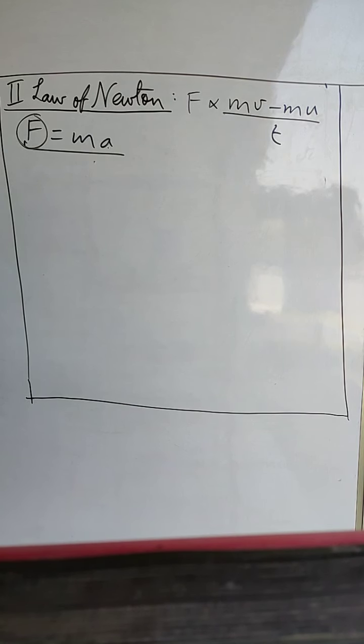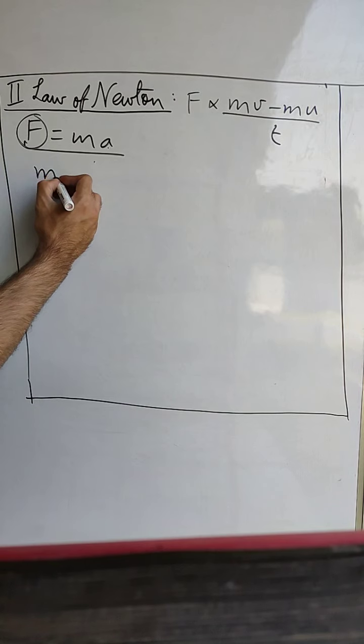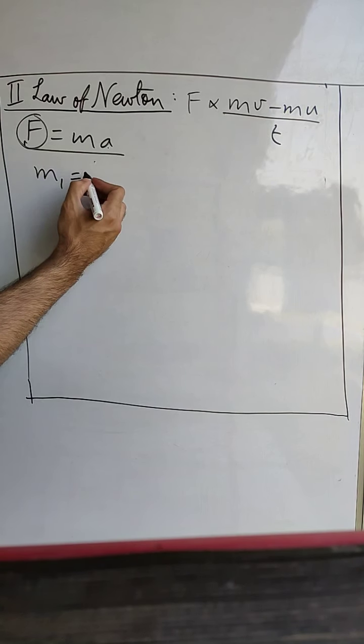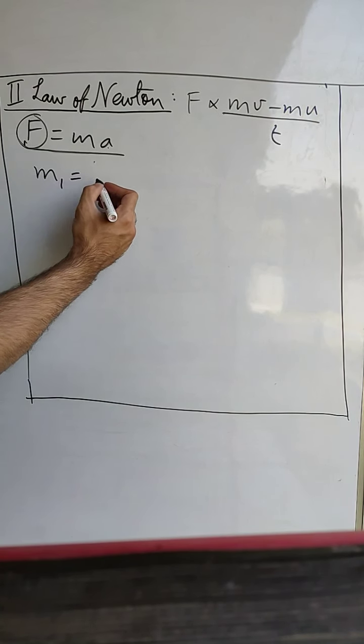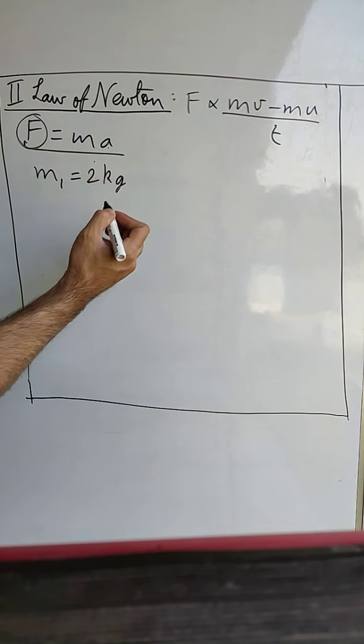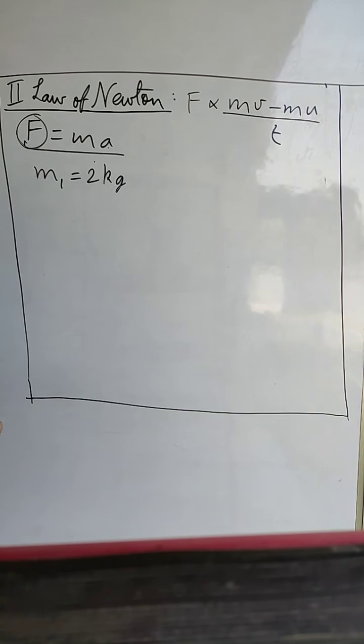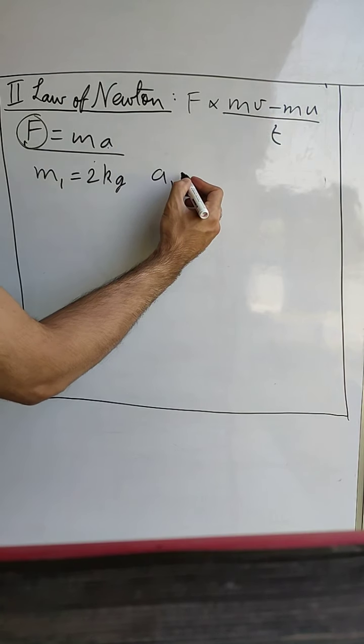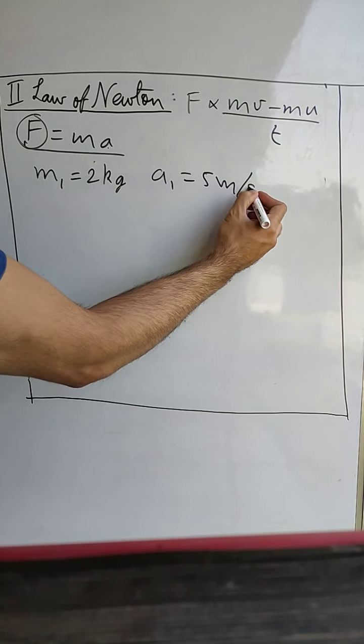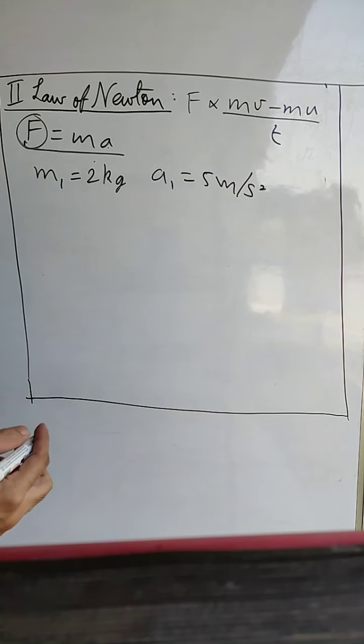Another example, question says which would require a greater force? Accelerating a 2 kg mass at 5 meter per second square, that is, there is a body, suppose let us take its mass as m1. m1 has the value 2 kg, the first body has the mass 2 kg and its acceleration a1 is 5 meter per second square.